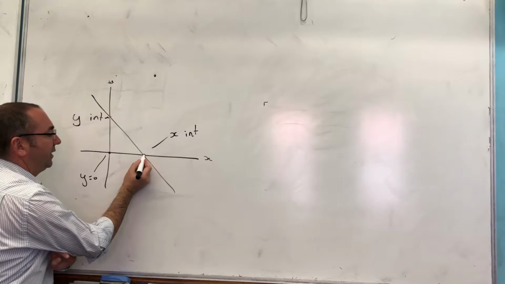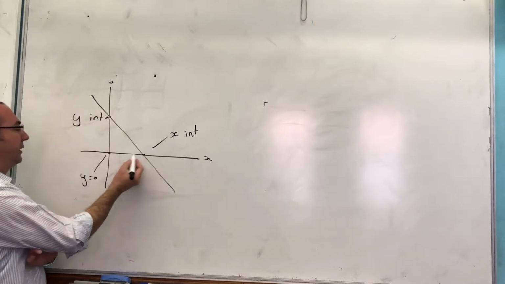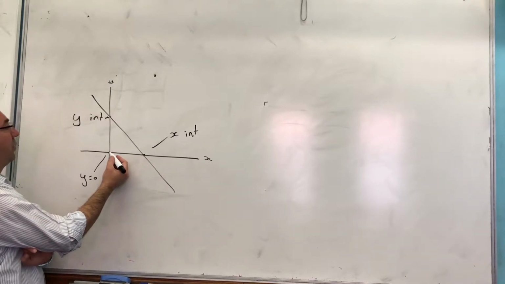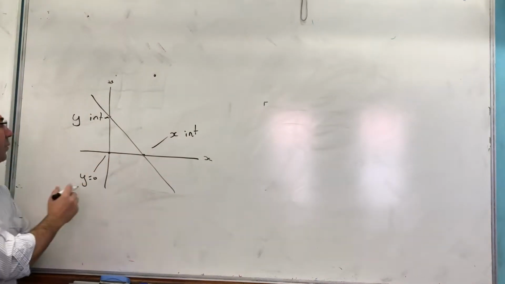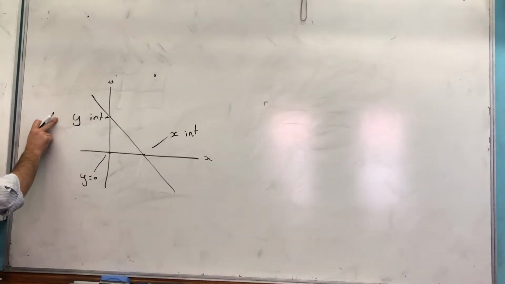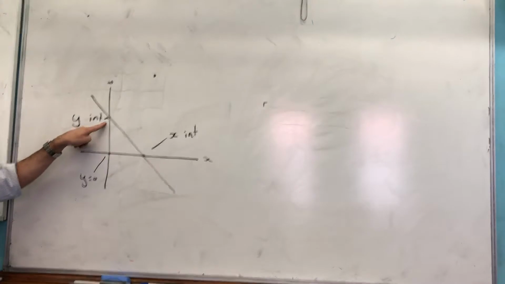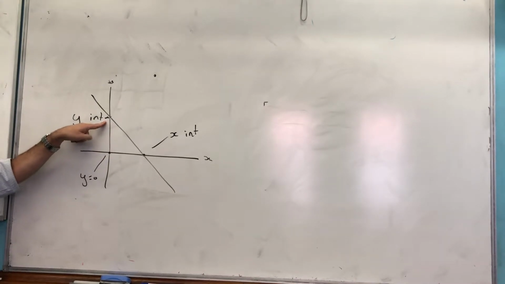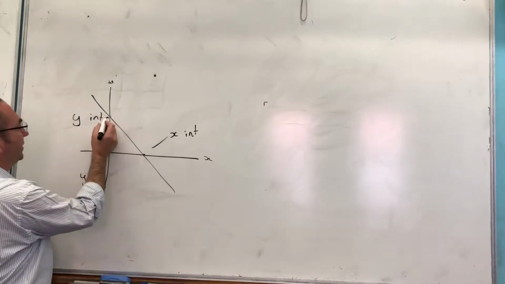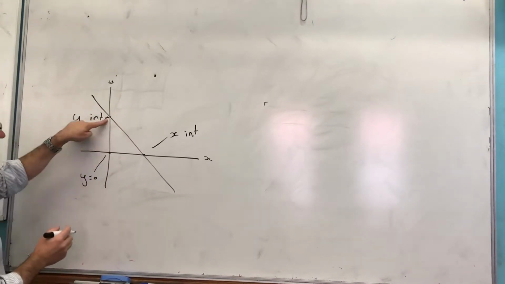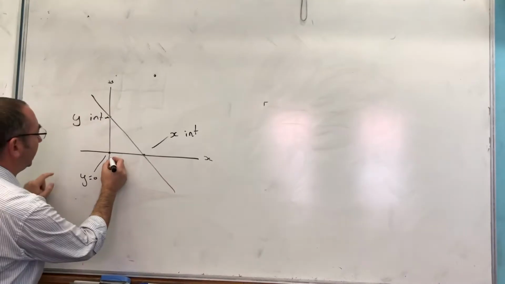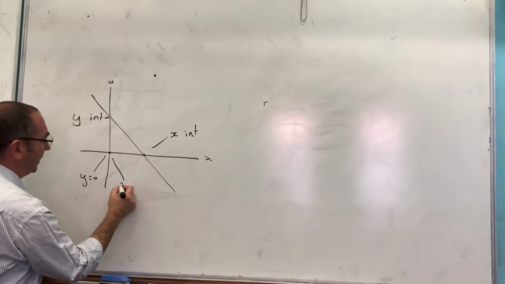So where x equals whatever that is, we don't know what it is, but we know for sure that the y value is 0. What about the x value where the line crosses the y-axis? We don't know what value that is, but we certainly know that at that point, x equals 0.